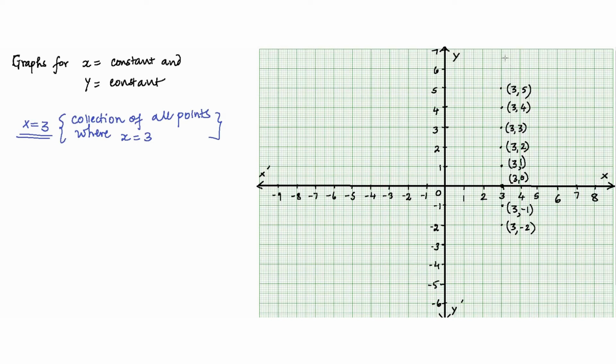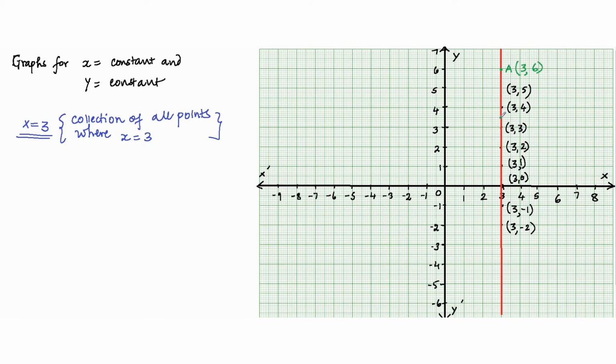So what I can say is, if I draw a straight line which is perpendicular to the x-axis, every point that lies on this particular line, every point, I have not marked many points on this line. For example, this point A we did not mark, but if you find its coordinate, it is (3, 6).